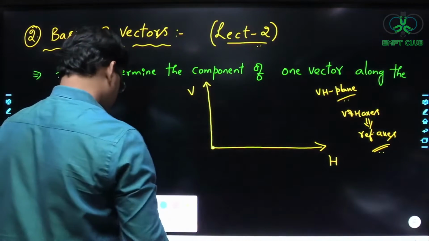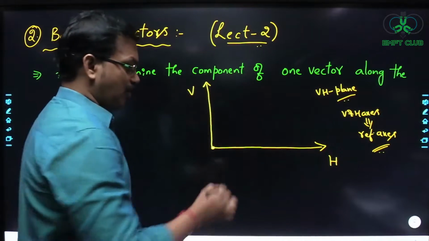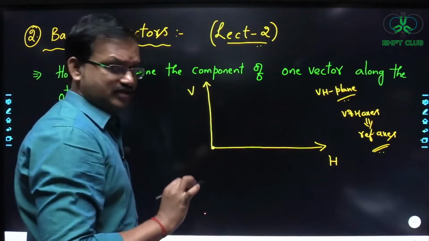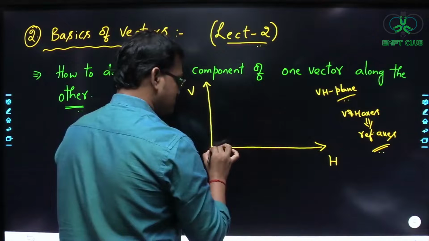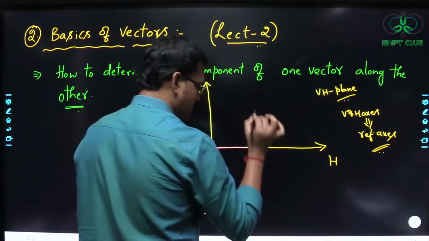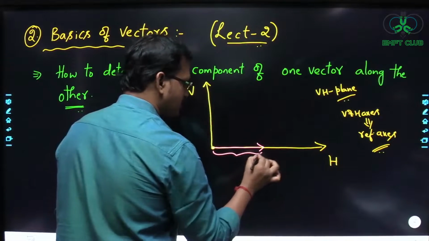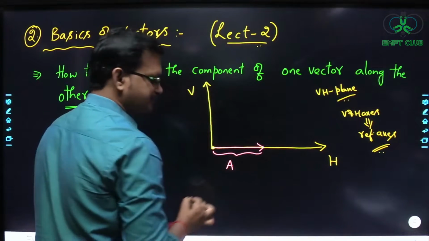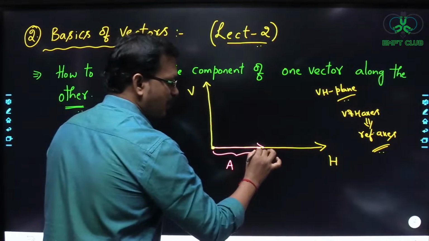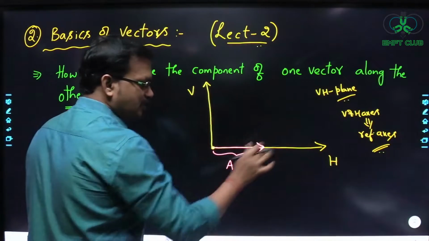See here, suppose I have a vector along our reference axis, let us assume along the horizontal axis. Let us say the distance from here to here is A units, and this vector is pointing along the horizontal direction.